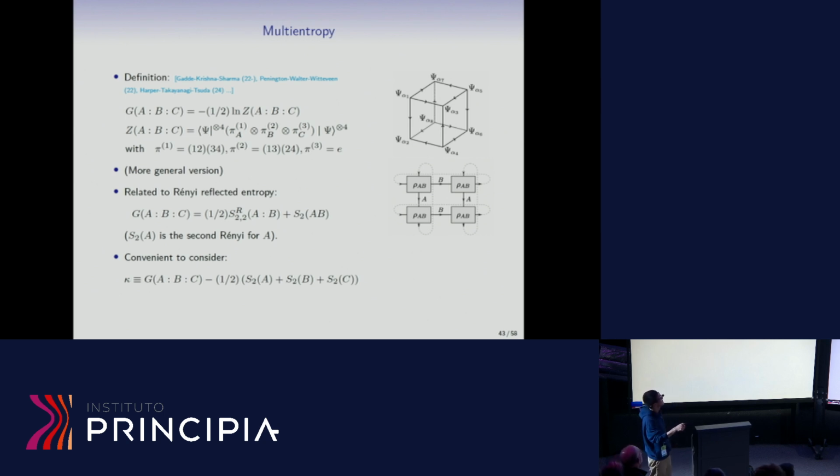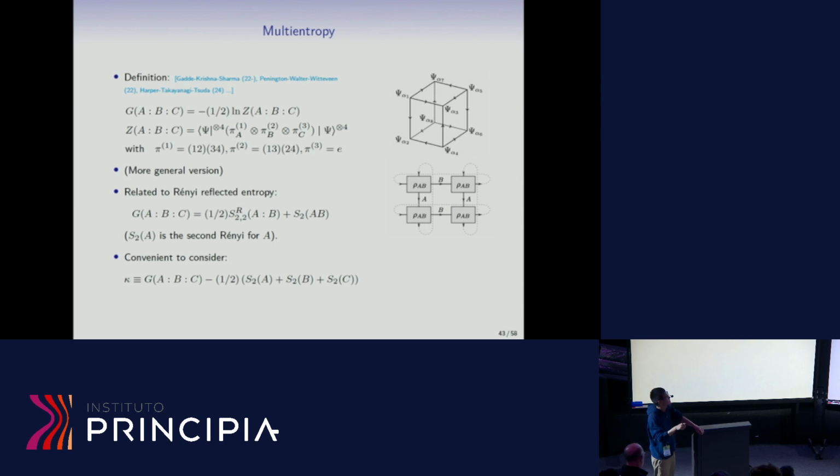Formally, this quantity, multi-entropy, is defined in this way. I take 4 copies of the state, and these operators basically specify how I connect these different legs. Rather than equations, maybe this diagram is more intuitive.